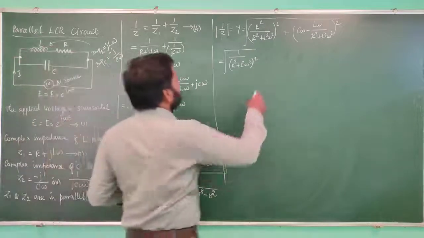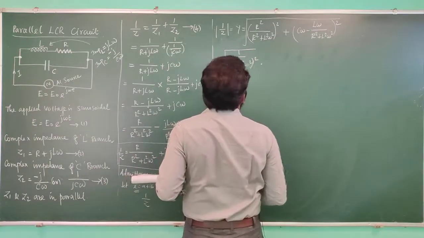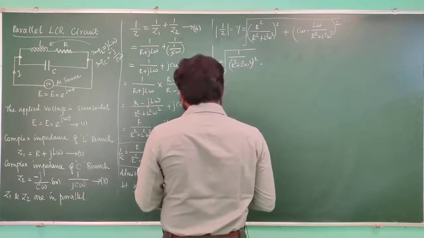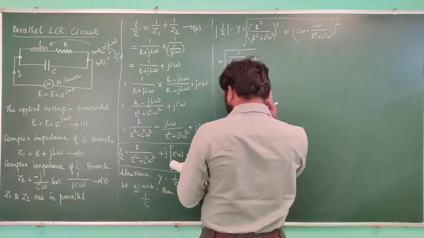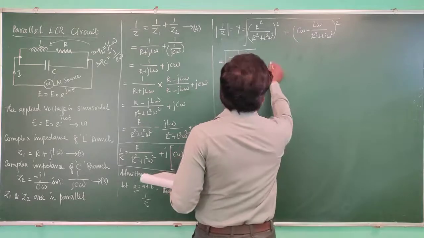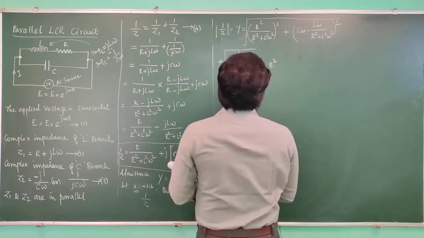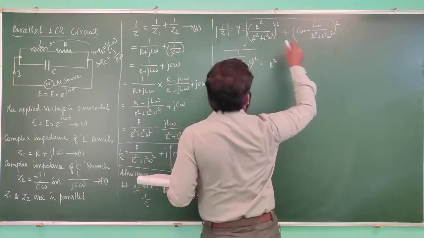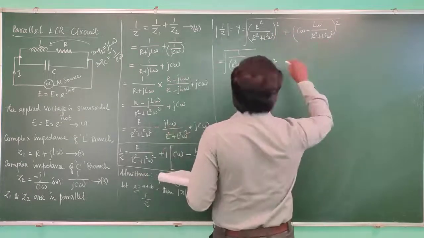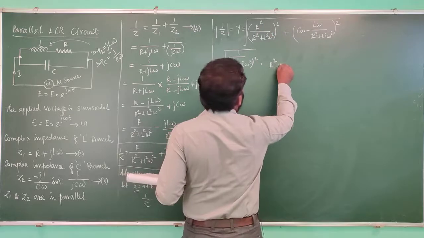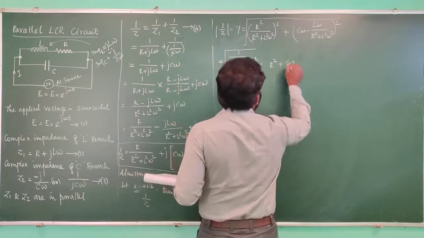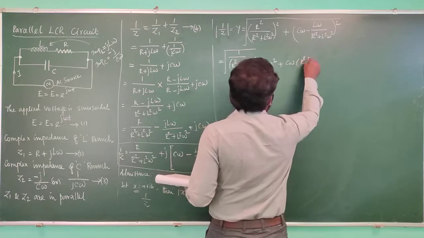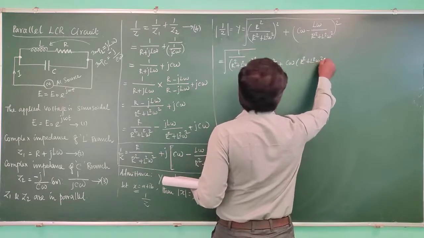What's remaining, multiplied by: R square plus C omega multiplied by (R square plus L square omega square).